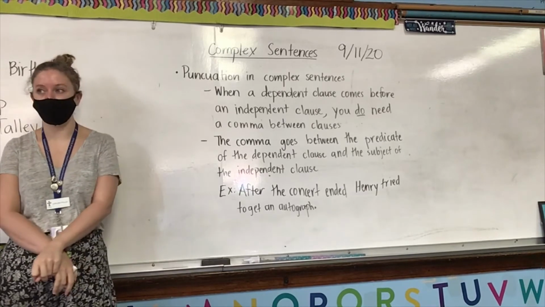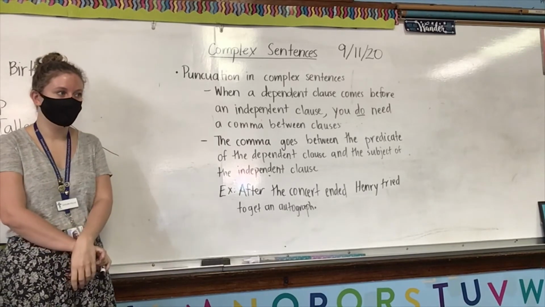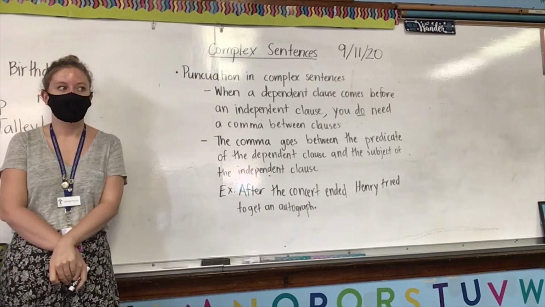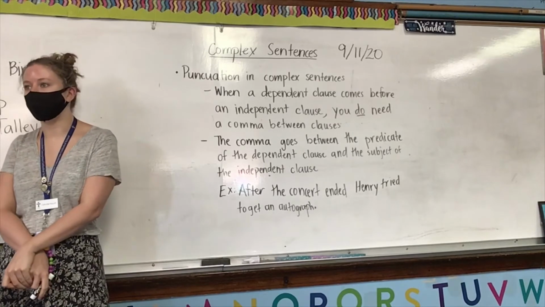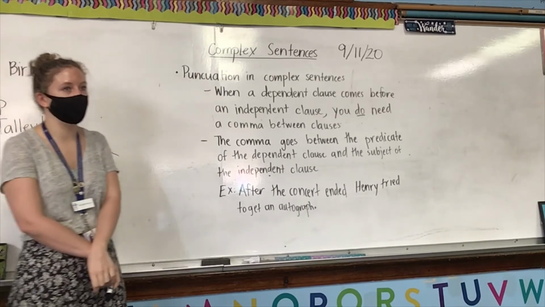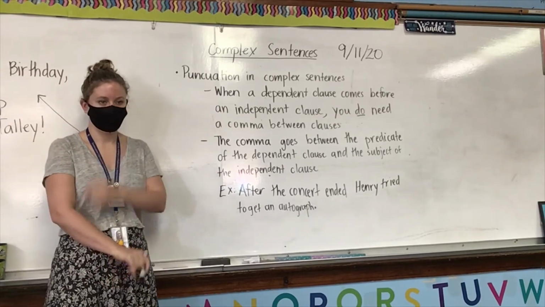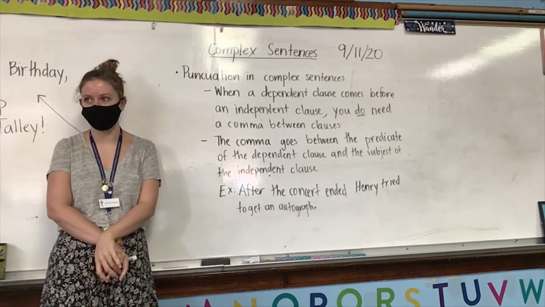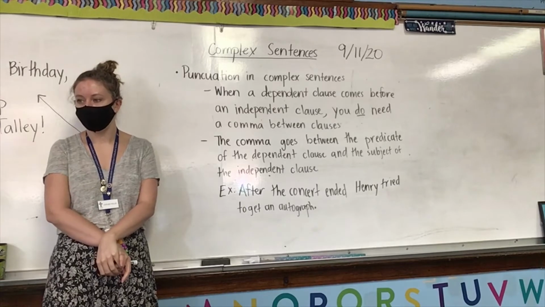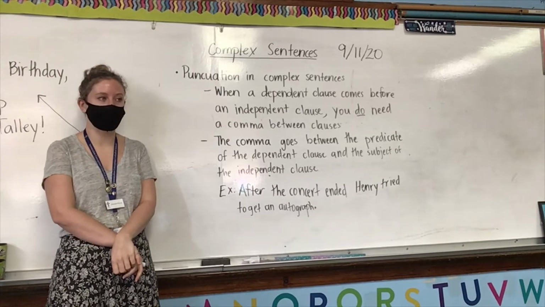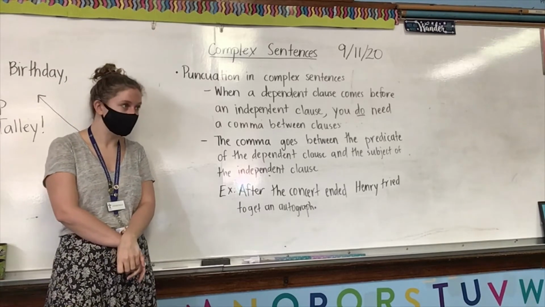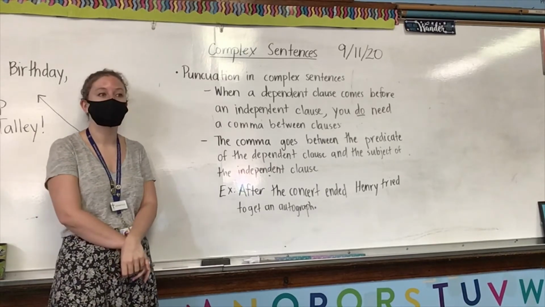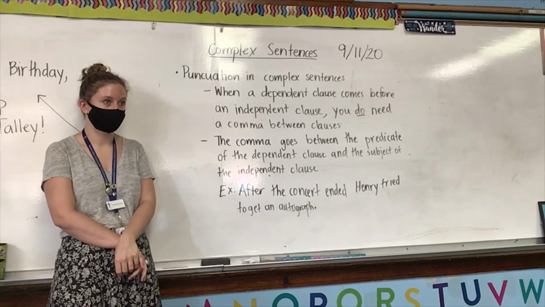If you think you know where the comma goes, you can go ahead and put it, but make sure that once we've done it together, you have it in the same place. If you really have no idea, don't guess. Don't put anything. We'll do it together.